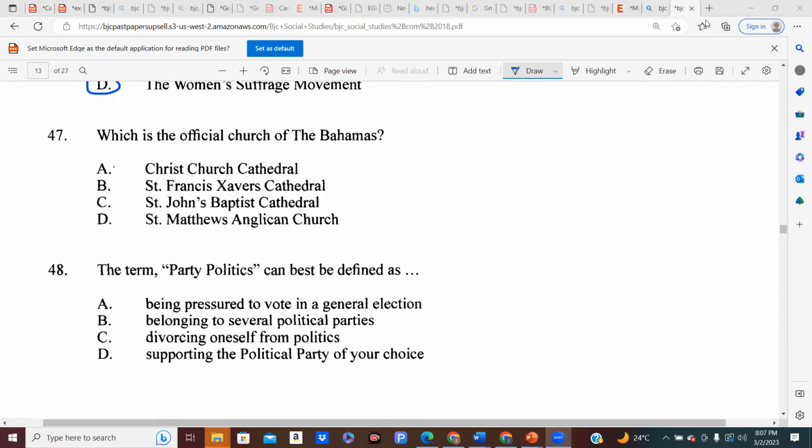What is the official church of the Bahamas? Again, put your answer in the chat. What do you think is the official church of the Bahamas? Jasmine, what did you select?